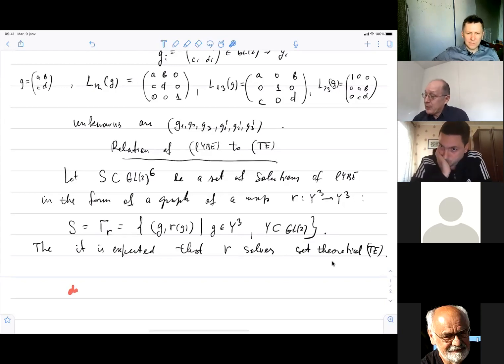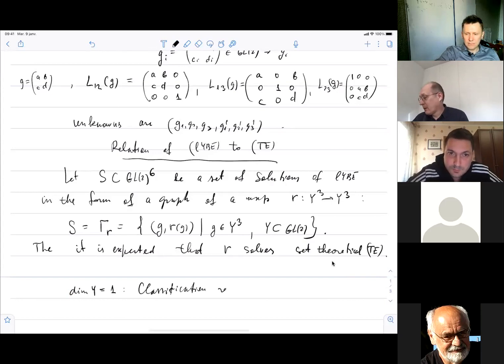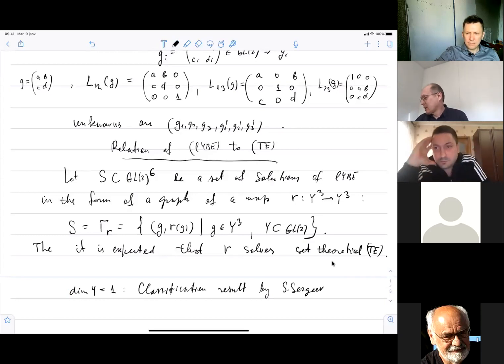If the dimension of Y, so Y we look at as a submanifold of GL2, if we are looking for one-dimensional, the simplest possibility, then there is a classification result by Sergeev, which dates quite a long time ago, something like 1998, I think.